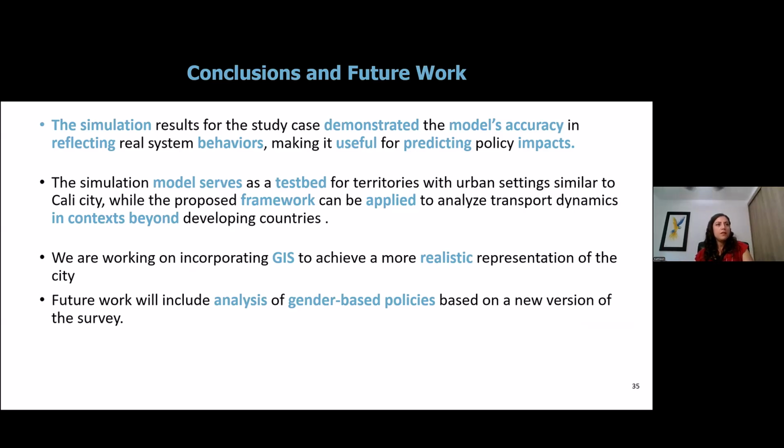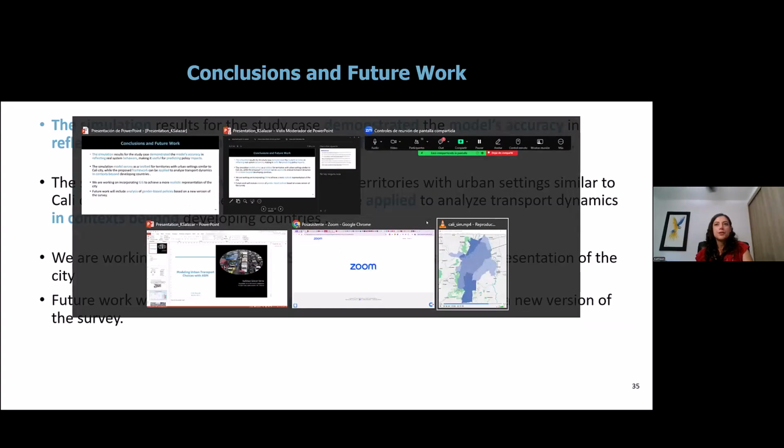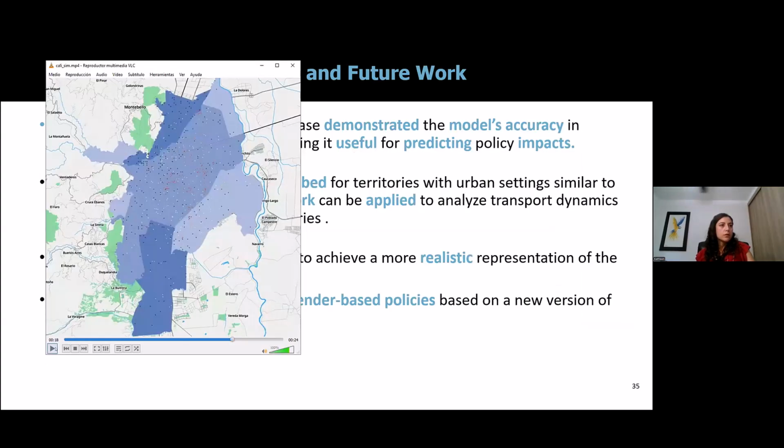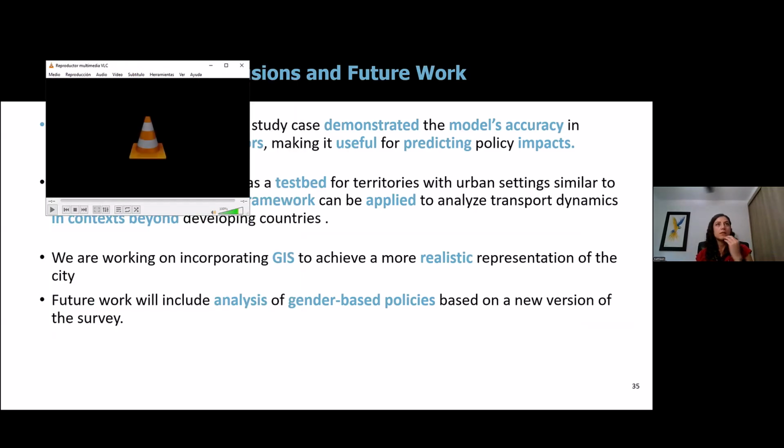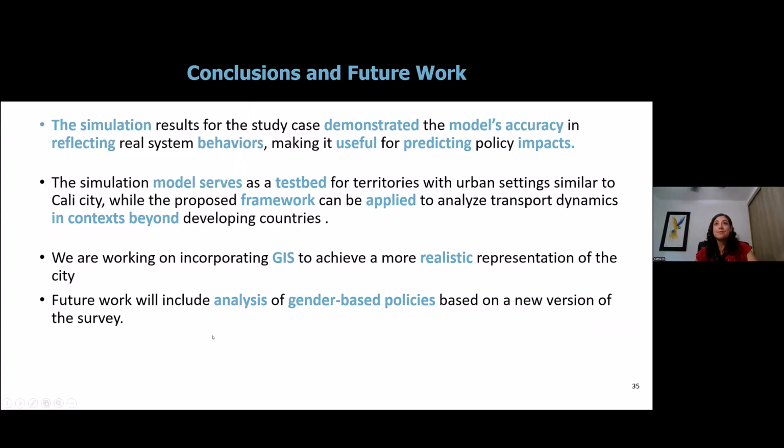And maybe I have a short video of how the model is looking now that we are implementing the GIS too. And I think that's all I wanted to share with you today.